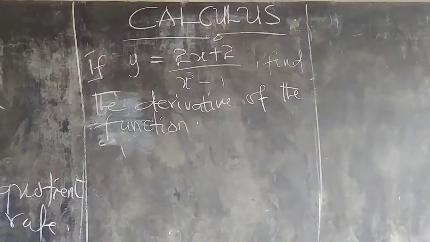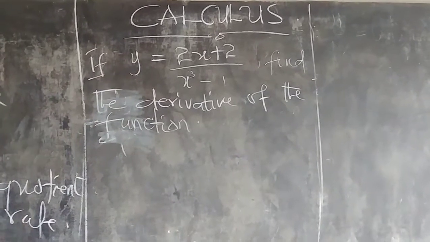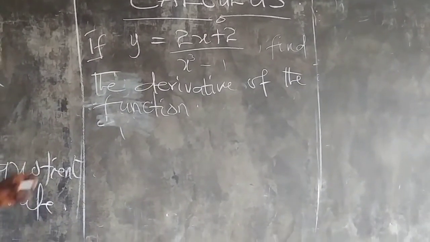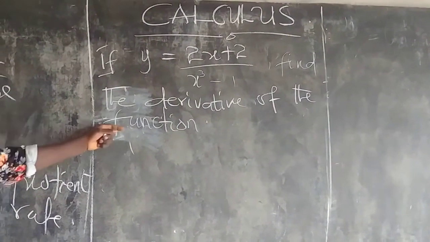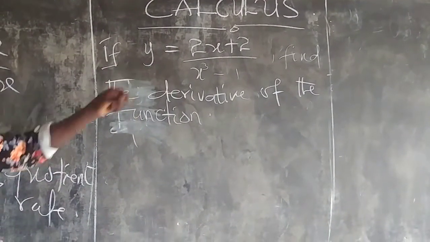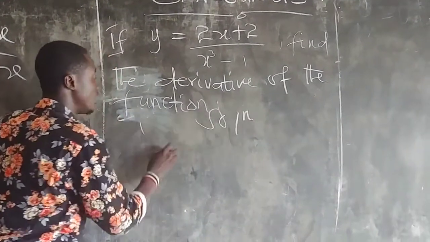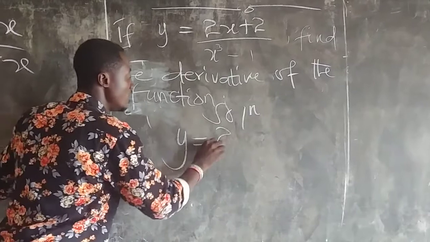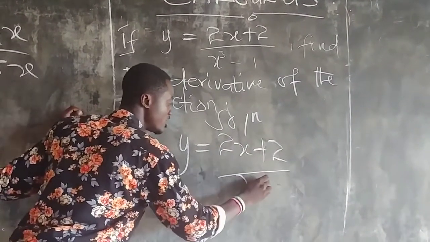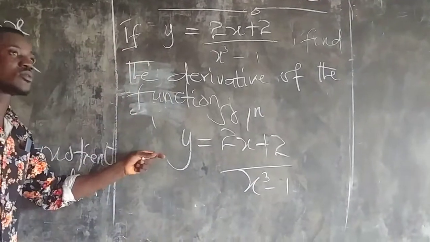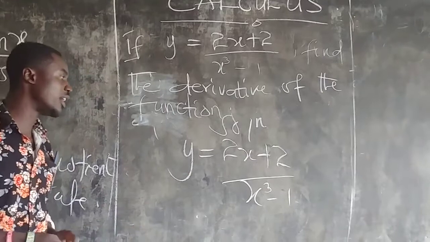So we have y is equal to 2x plus 2 over x cubed minus 1, and you have to find the derivative of the function. Let's solve it. We are being asked to differentiate y.